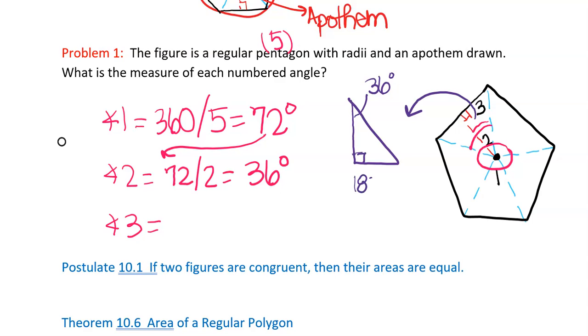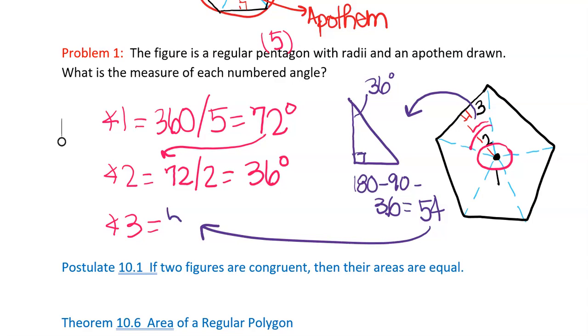So 180 minus 90 minus 36 would be 54. So angle 3, again, 54 degrees. And you'll have to do that from time to time to find the part that you may need to find the area of the polygon.